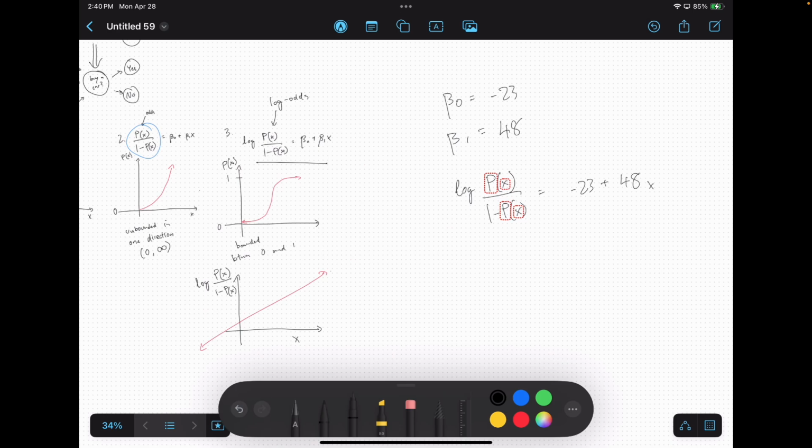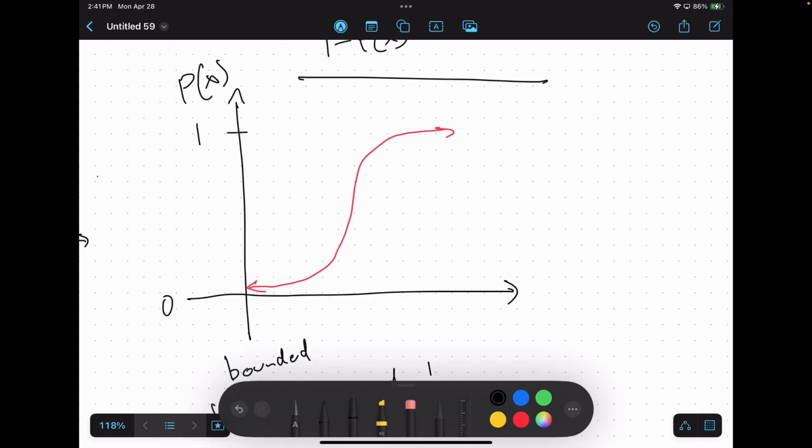And you'll notice that, unlike in a linear regression where you can say the beta is the slope and at any point on x my slope remains the same, that's not true here, right? If I go from here and I go 1 unit in the x direction, the amount that changes in the probability is like this.